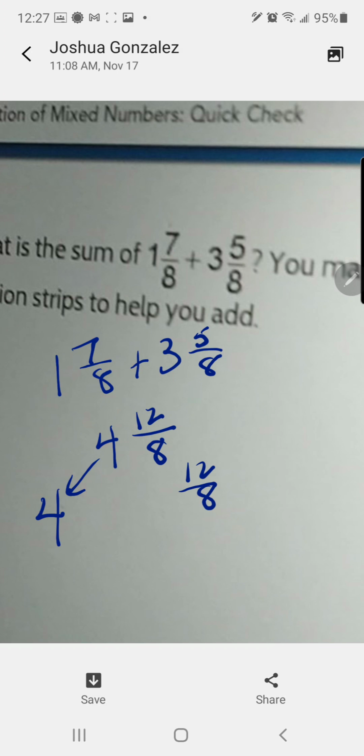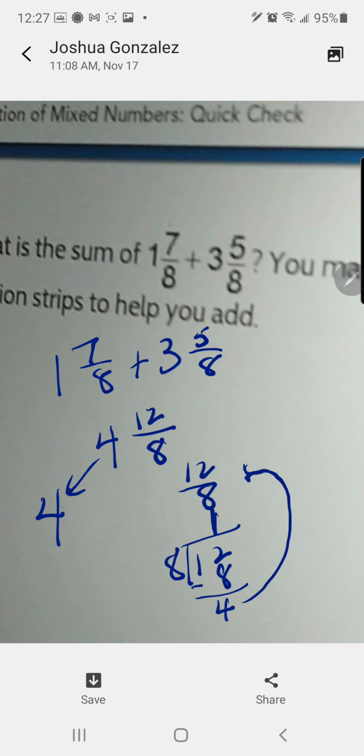And if you watch the video that I gave you already, the way you fix this improper fraction, change it into a mixed number, you divide 12 by 8. So 12 divided by 8 is 1, right? 8 times 1 is 8. Find the difference and you get 4. The 4 is what we used to call our remainder when we're dividing. This time we're going to make it into part of a fraction.